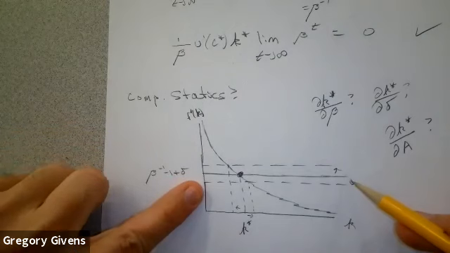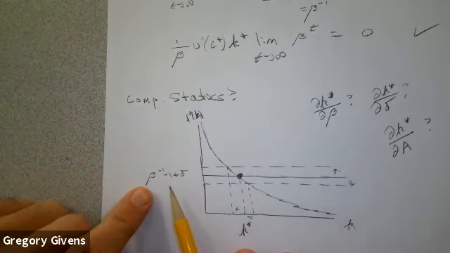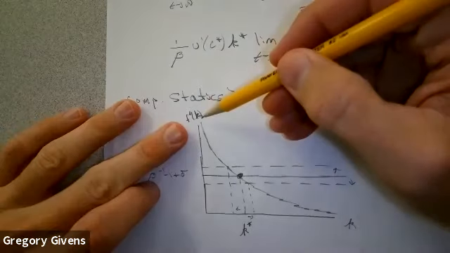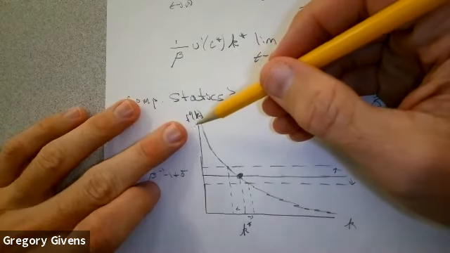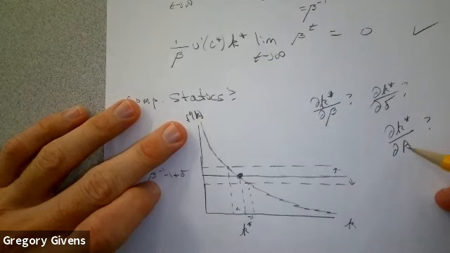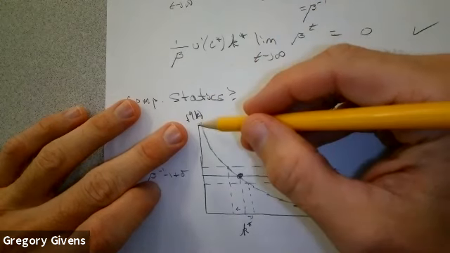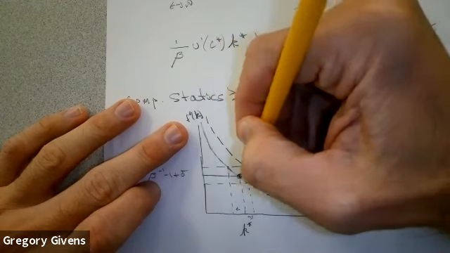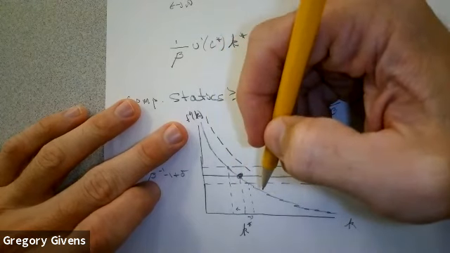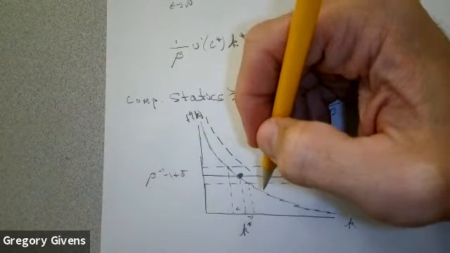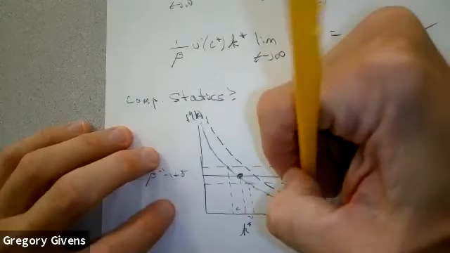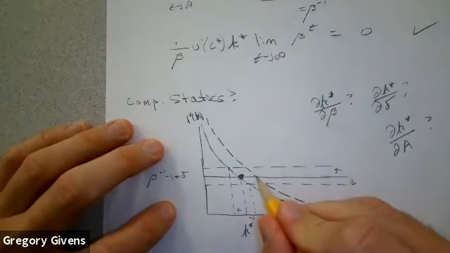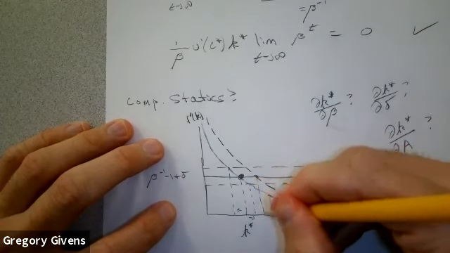It doesn't affect this horizontal line. That's only dependent on beta and delta. Does it shift out the curve? F prime, that's the marginal product of capital, right? An improvement in productivity is probably going to raise the marginal product of capital. You can think of it in terms of like a Cobb-Douglas production function, where A is this shift parameter, right? And so that should cause an increase in steady state capital.